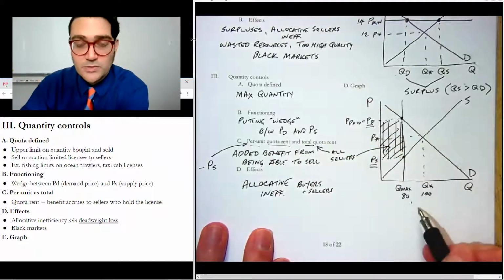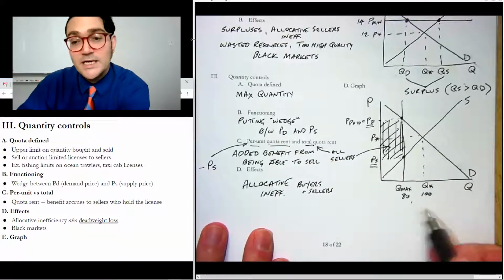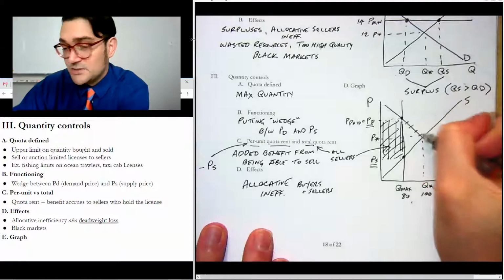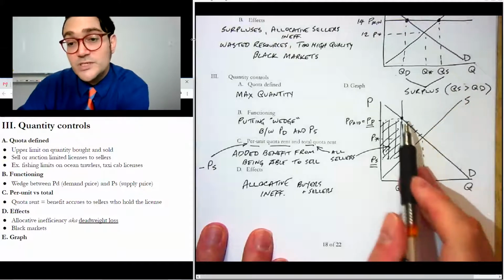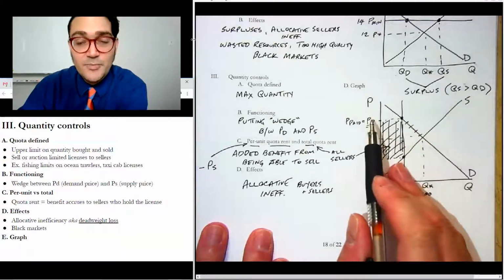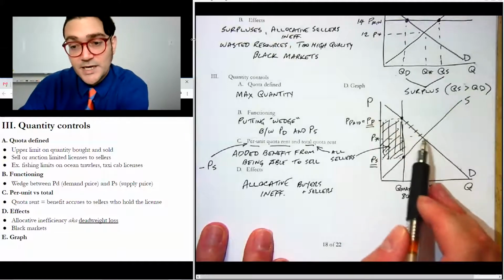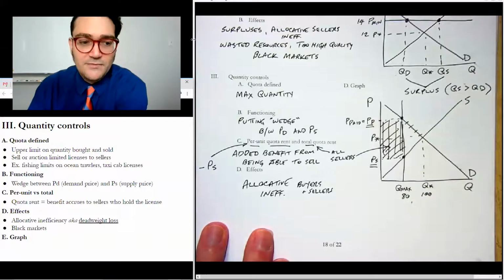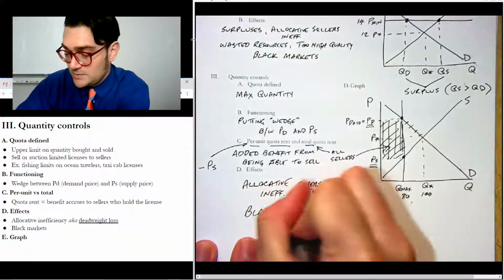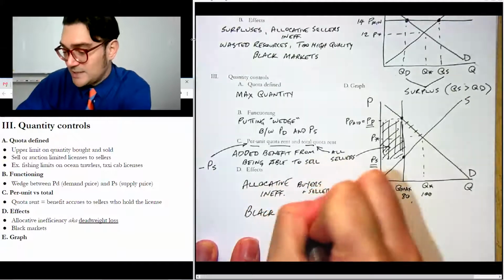There's going to be some who are left out in the cold who didn't get a license. At the same time, there are buyers on the demand curve who used to be able to get the product and are no longer willing and able to pay that very high price. And so they're not getting the product anymore. So it's not allocating it directly to them as well. We also have black markets, right? You have that as well.